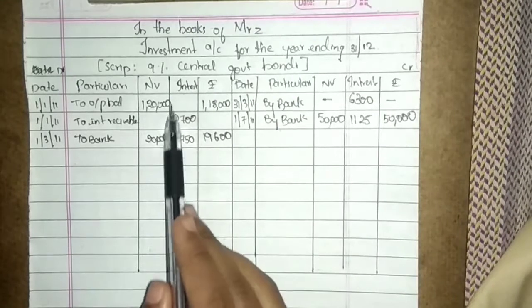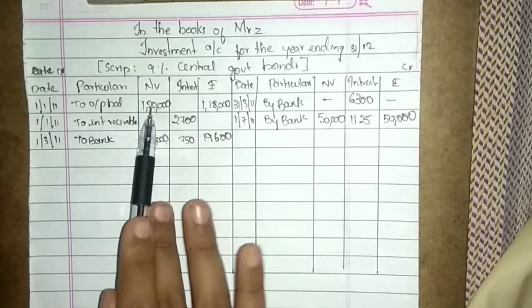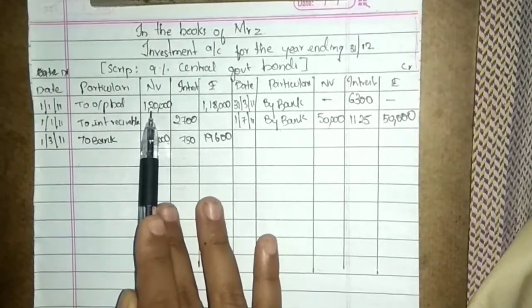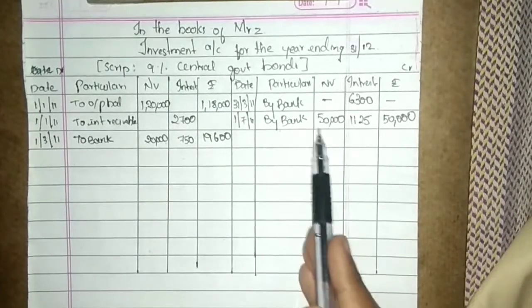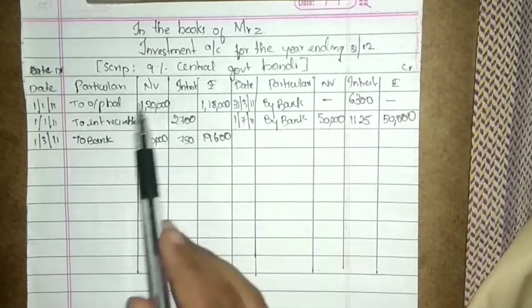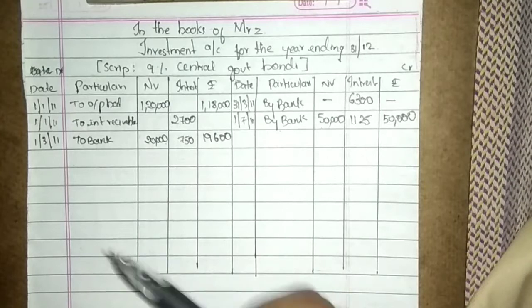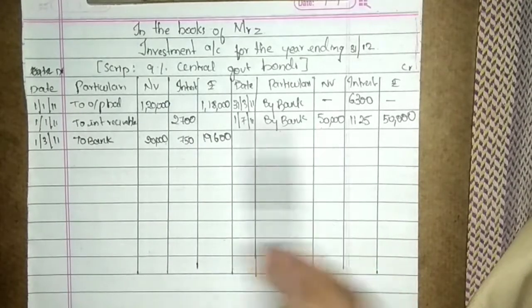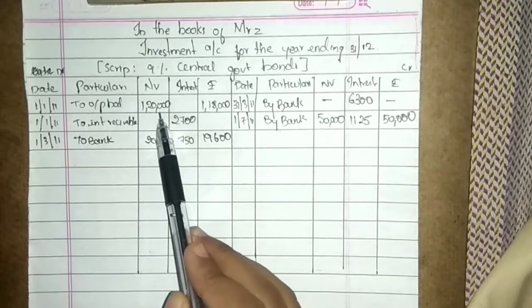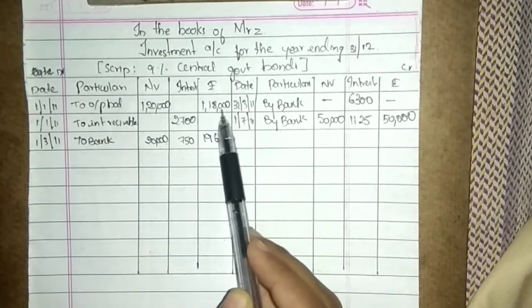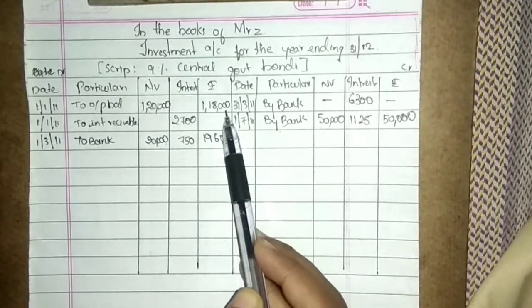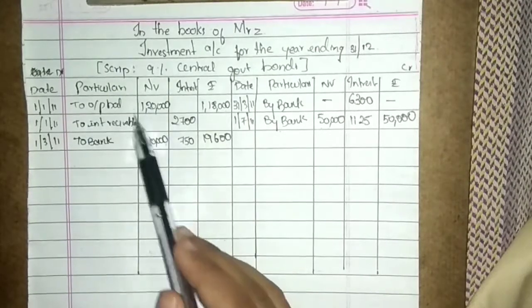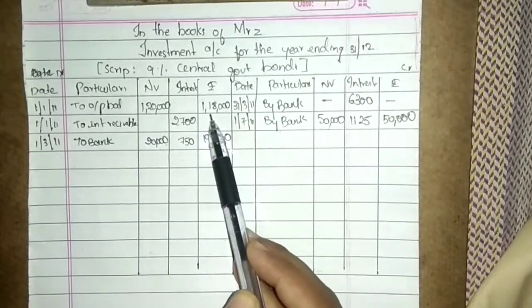So in this, 1,20,000 is first. Now in the opening balance of 1,20,000 nominal value, 50,000 is sold. So you need to know the exact price per unit and the amount of this 50,000. You know that 1,20,000 is costing 1,18,000.